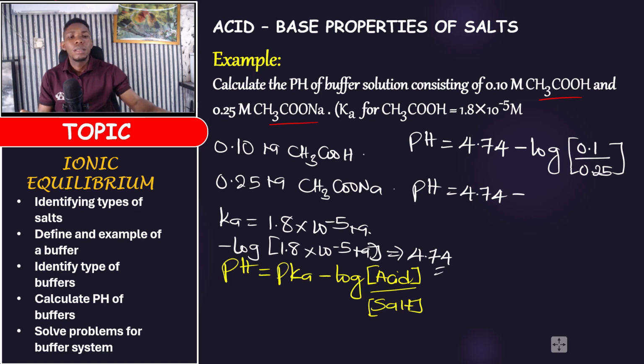which will give us a negative value. The negative value given to us was minus 0.3979. Minus times minus will give us plus.